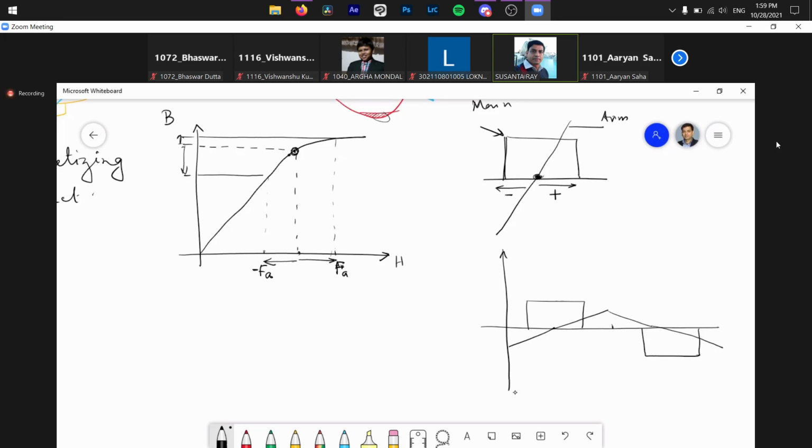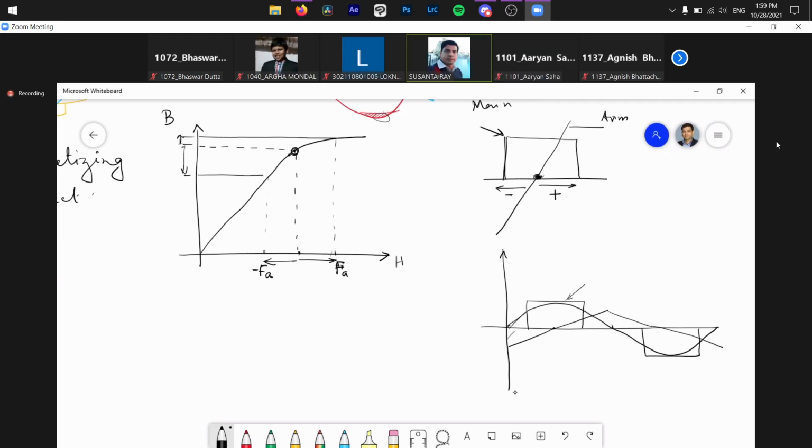Actually, here you see the first one, that is the main field MMF. We can represent it by a fundamental and harmonics. So if I draw the fundamental, it will be like this. And if I consider the fundamental for the triangular waveform, which is the armature MMF, it will be like this.